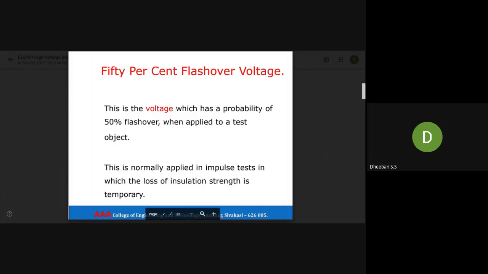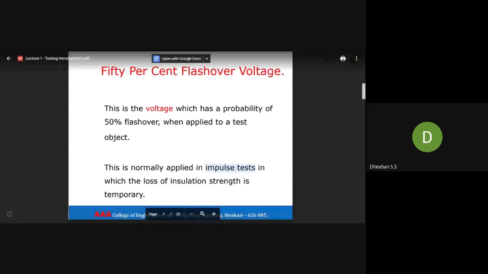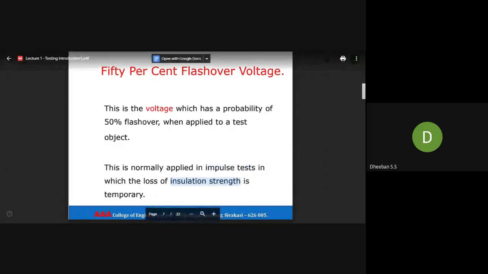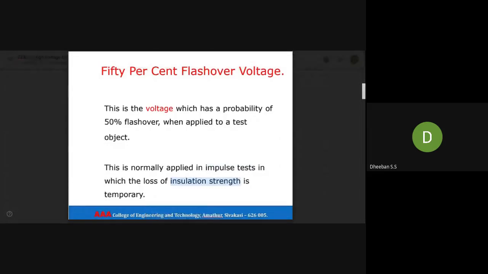The insulator will be tested and the result recorded. This is normally applied in impulse tests in which the loss of insulation strength is temporary. So mainly through this 50% flashover, they test your insulation strength.